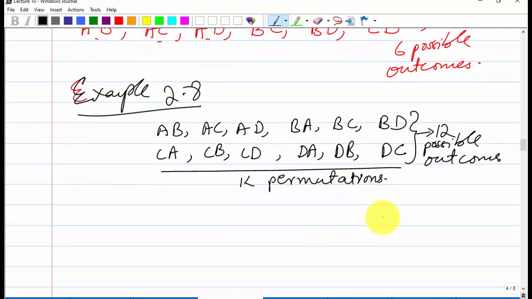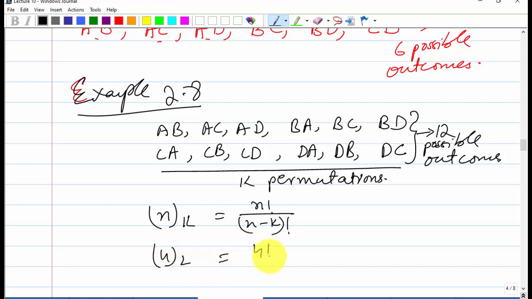The k permutations can also be found by formula: n permute k, which is n factorial divided by (n minus k) factorial. Here n is 4 and k is 2, so it will be 4 factorial divided by (4 minus 2) factorial, which is 2 factorial. So it will be 4 times 3 times 2 factorial divided by 2 factorial, which is 12.